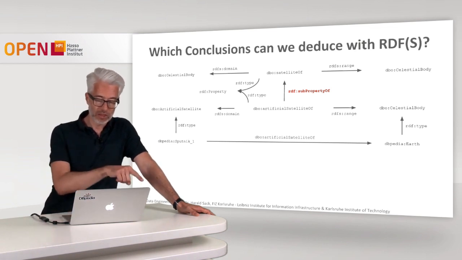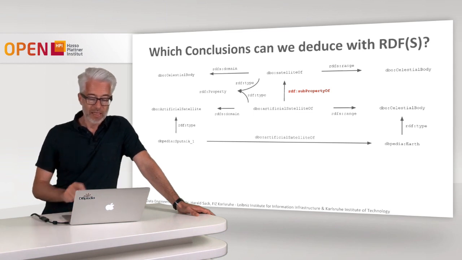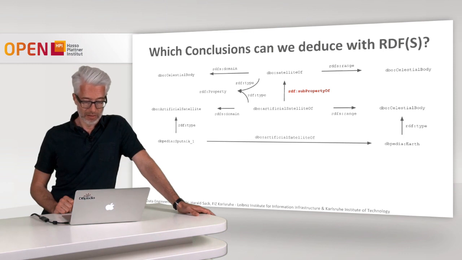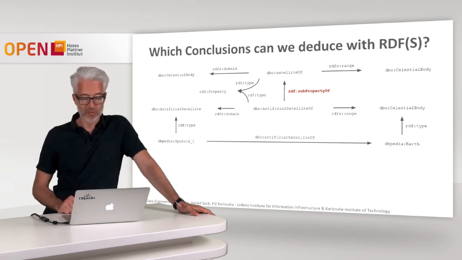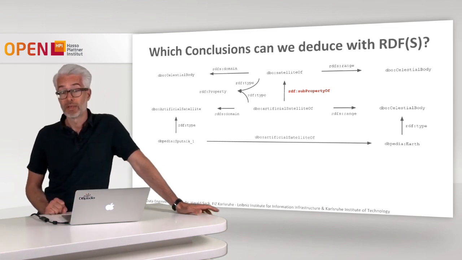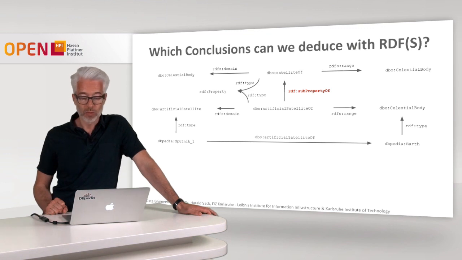Domain is then artificial satellite, and the range is some kind of celestial body. And then we have the A box. This is the lower part of the graph, which says that Sputnik 1 is an artificial satellite of Earth. And of course, simply because of artificial satellite of, we can draw immediately these type inferences for Sputnik 1 and Earth. But we can do more.